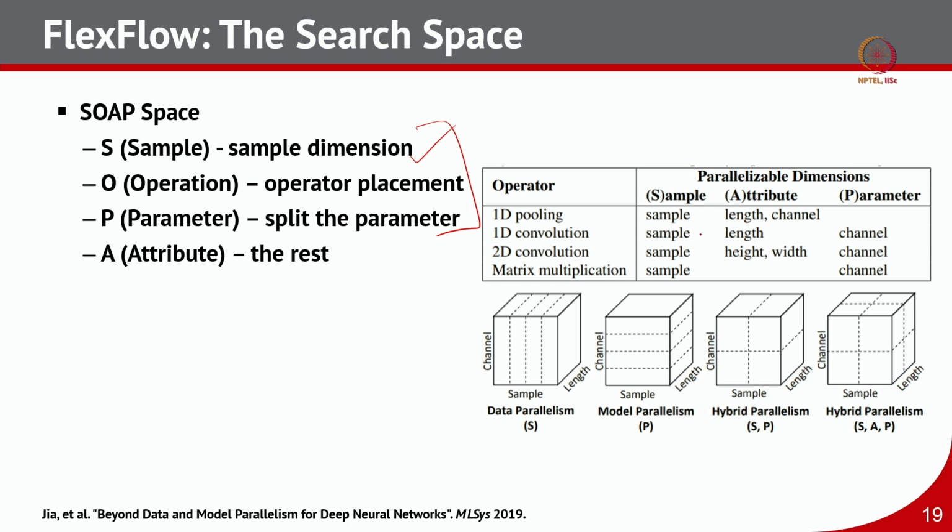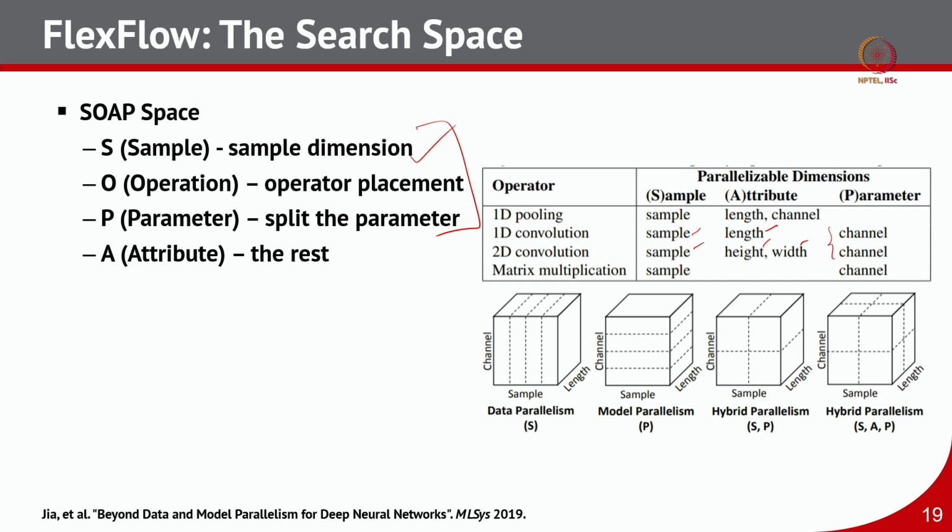So, we can perform the parallelism in terms of sample. In terms of attribute, we can perform the parallelism in terms of length for 1D convolution and in terms of both height and width for 2D convolution. Now, since both 1D and 2D convolution have parameters, which is nothing but the weights, we can also do the parallelization in terms of channel, right.